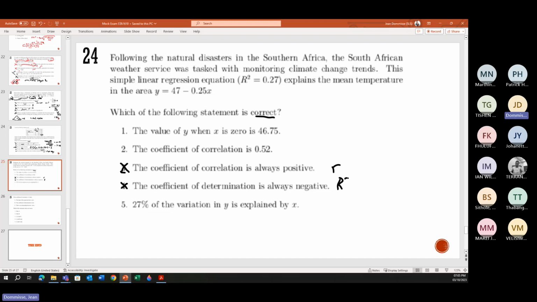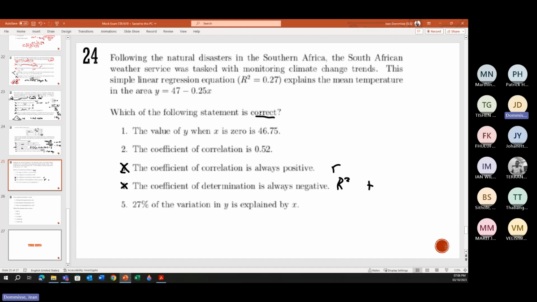Coefficient of determination, because it's R squared, is always positive. Always, always, always, because even if your R is negative, a negative times a negative gives you a positive, and a positive times a positive gives you a positive. So your coefficient of determination is always positive. Unfortunately, both of them are incorrect.